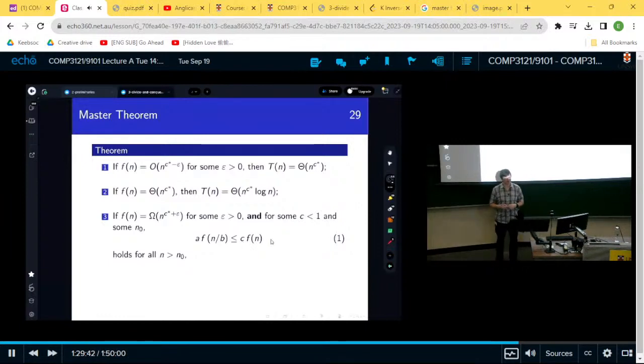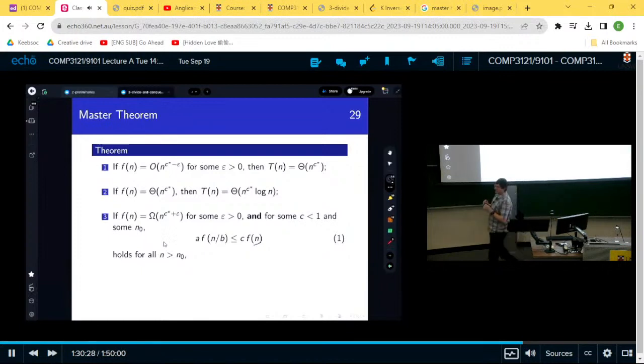If you think of what happens in the tree, at the top level we need time f(n). Then solving everything at the next level, where we have a instances of size n/b, must take time that's smaller by a constant factor, so c is smaller than 1. So basically, the computation at the next level must take less time than the computation at the previous level, asymptotically, for large n.